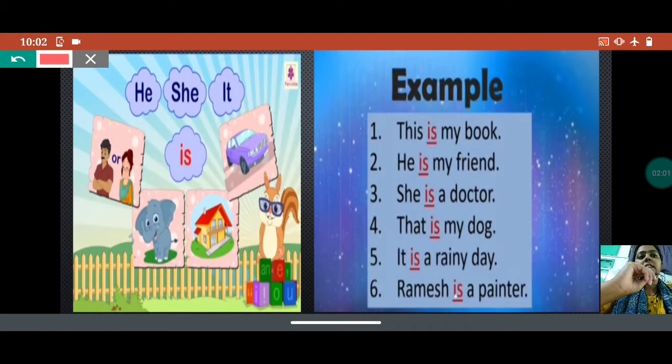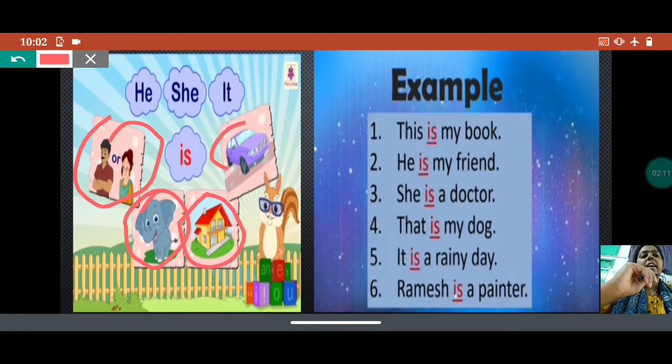Now let us see some examples of he, she and it used with is. See here in the picture it is shown for a single person, whether the person is male or female, a single animal, a single place and a single thing. So is is always used with singular nouns. For example, this is my book.